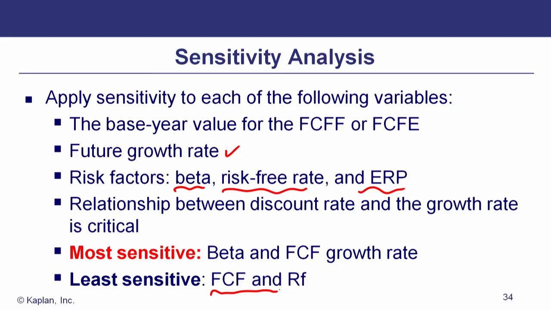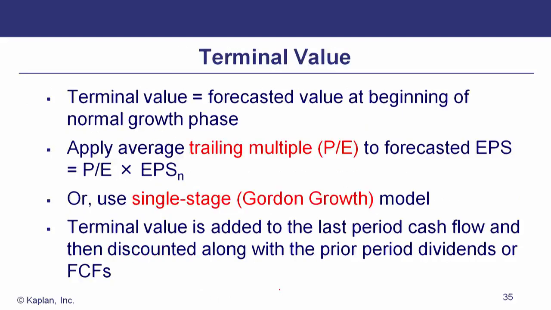The volatility of the risk-free rate is generally, for most developed economies, pretty small. So your estimation error there is going to be very little. So your valuation estimate is fairly robust with respect to those two input values.